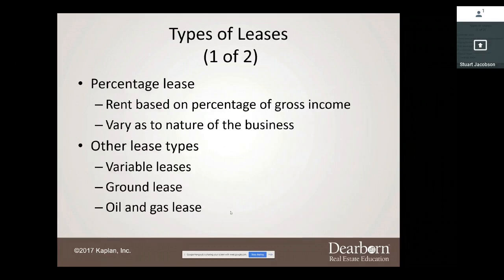Now, the next one that you're going to see is a percentage lease. What's a percentage lease? Great, you asked. A percentage lease is usually strip malls and shopping malls, which is where you'll most commonly see them. They have a standard rent, and then tacked on to the rent is a percentage of the gross income, and it varies due to the nature of whatever business it is.